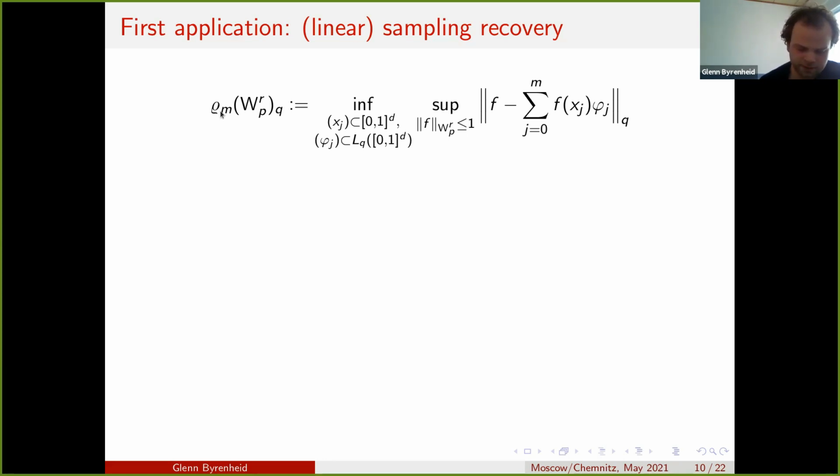So we define the linear sampling numbers as the best worst-case error of approximating f by some linear algorithm using m function values of the function itself. So this is the benchmark for every linear sampling algorithm.